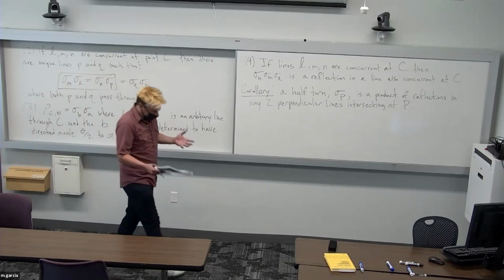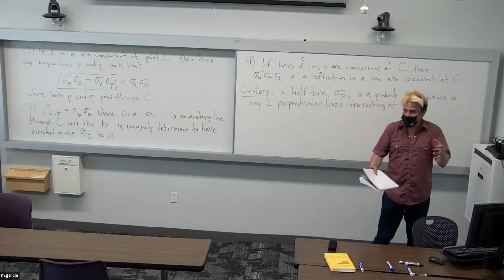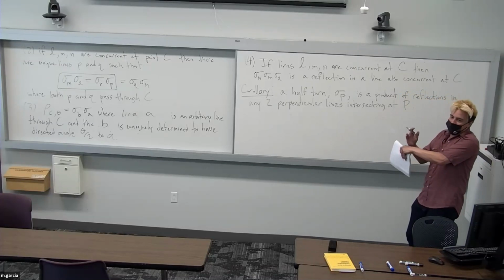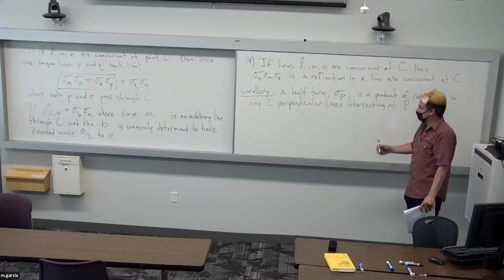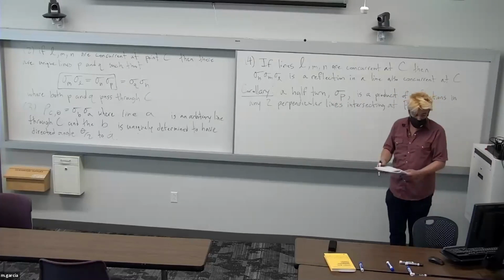The angle between any 2 lines that you can factor it into a product of reflections in has to be 90 degrees apart, half of the angle through which you rotate, which is 180. Okay.